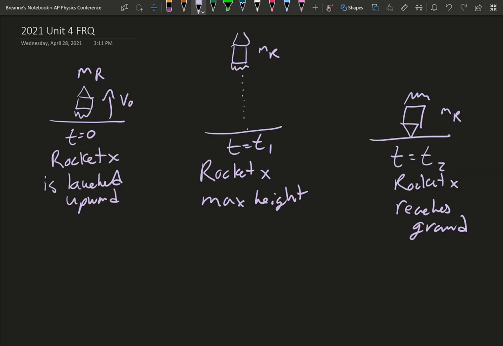The figure above shows the toy rocket at different times of its flight.